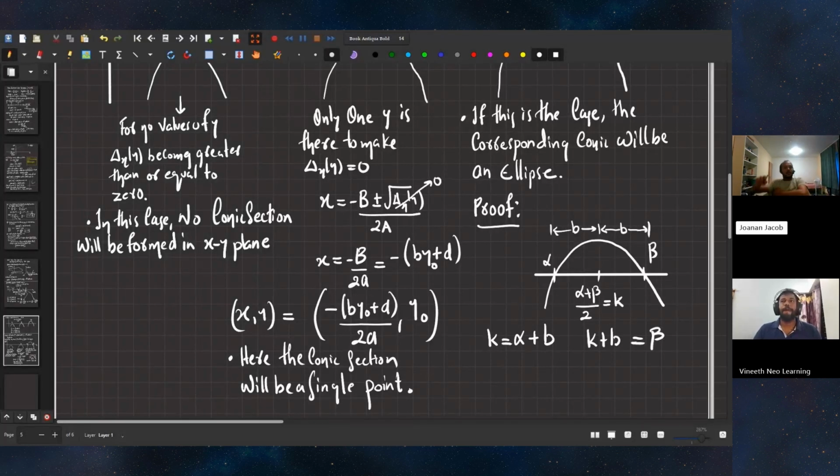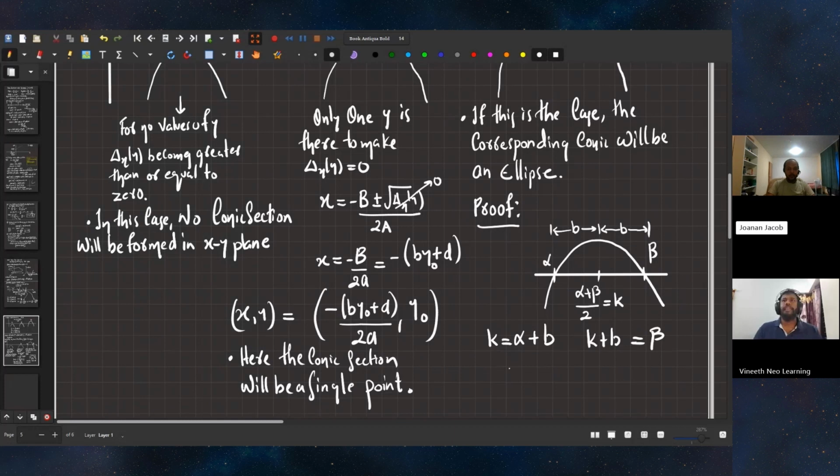From this, alpha will be K minus B, and beta will be K plus B.